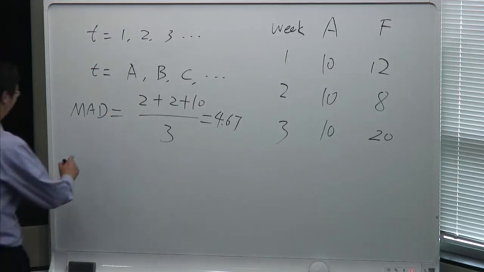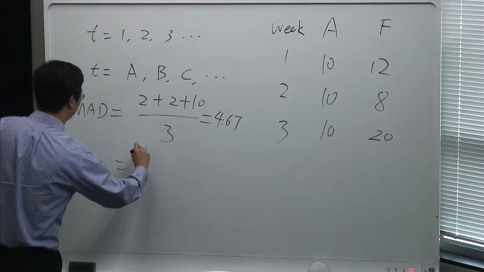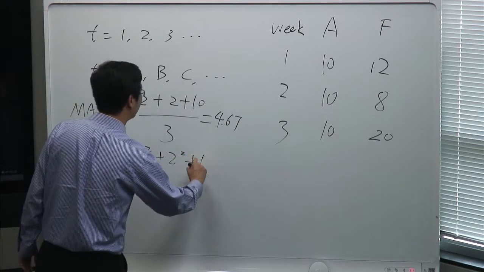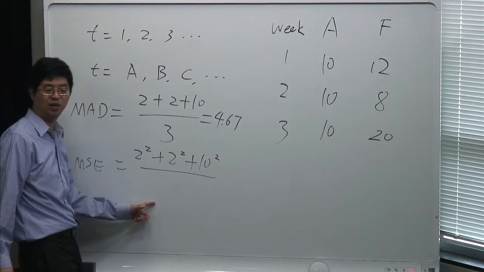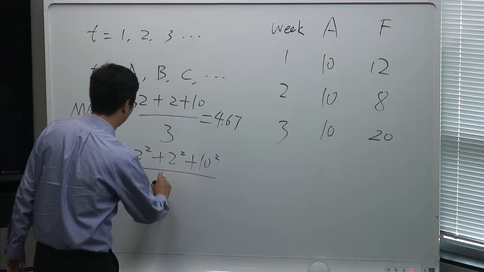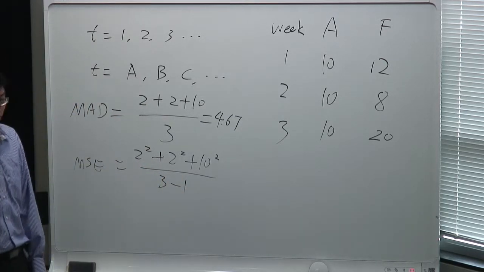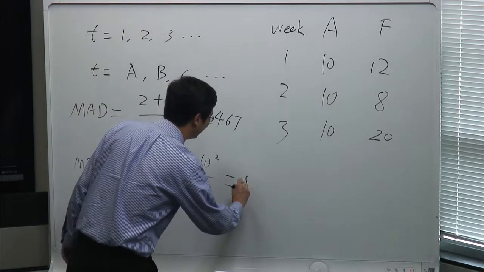Let's see MSE for this simple example. 2 squared plus 2 squared plus 10 squared divided by how many? 3 minus 1, which is 2. Good. That's 4 plus 4 plus 100, so it's 108 divided by 2 is 54.